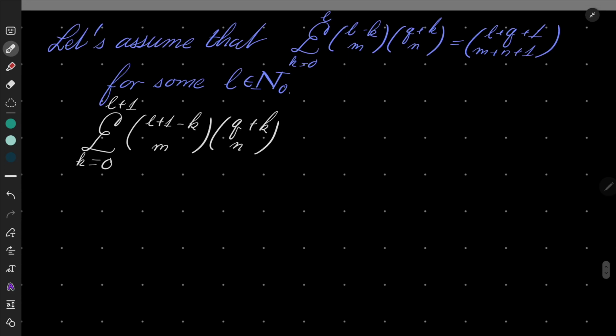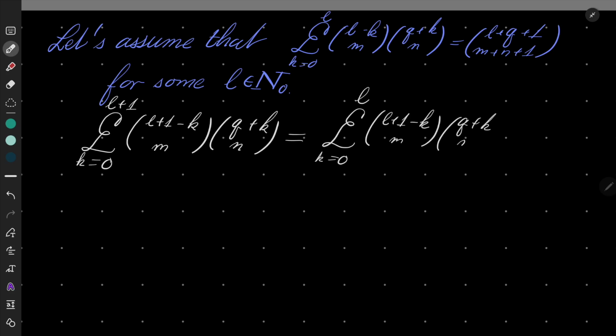Okay, and now I will make use again of... first let's separate our sum. So let's write it as a sum from 0 up to L of (L plus 1 minus k choose m)(q plus k choose n).